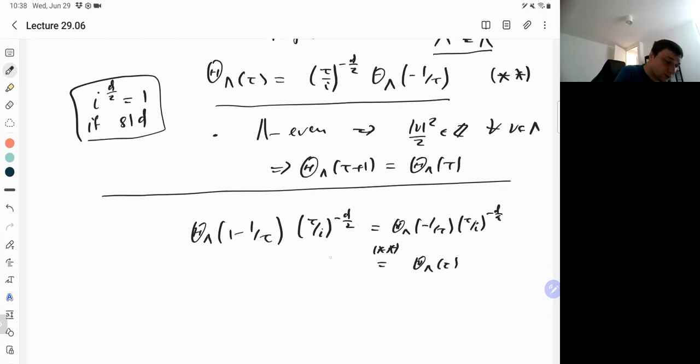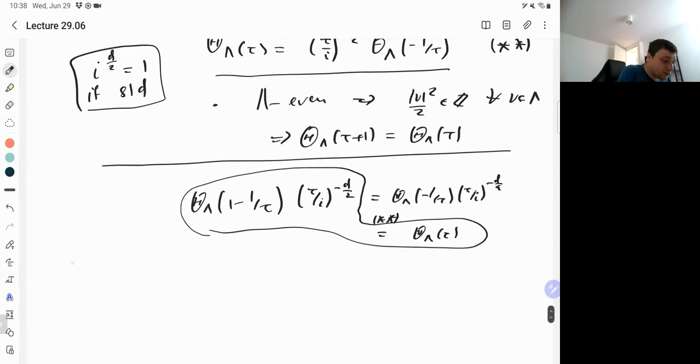So you look at this identity, and you see this transformation tau going to 1 minus 1 over tau is of period 3, in the sense that if you repeat it 3 times, you get again tau. So you can write this identity.